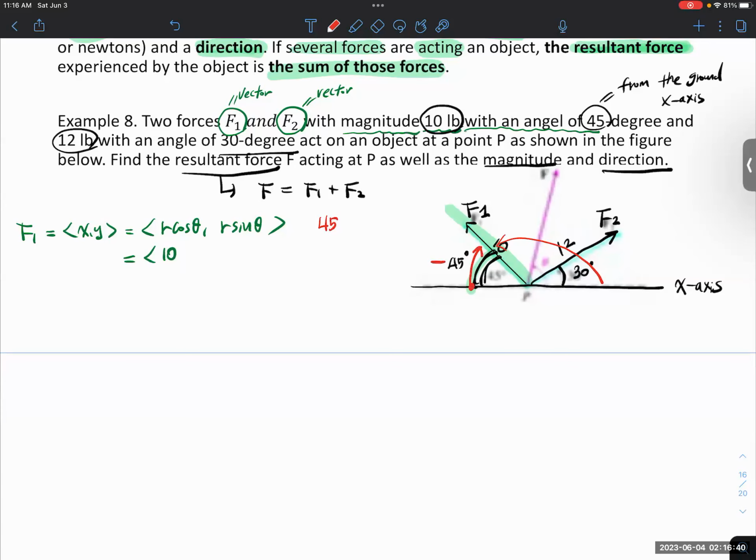So this is actually negative 45. Am I correct? Whatever angle you're creating, it's from the ground. So force 1 is actually creating negative 45 because you're coming from the ground. This is a clockwise, negative degree. So negative 45 is the same as 180 minus 45, positive 135 degrees. So instead of using a negative angle, we're going to use a positive angle.